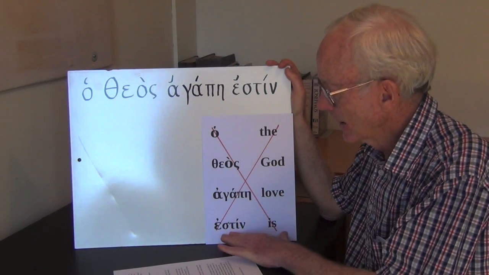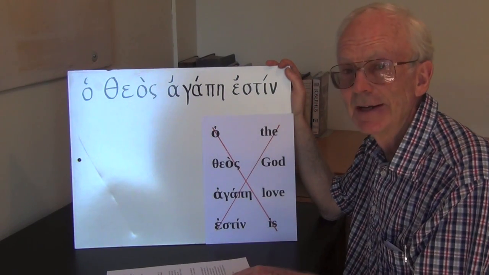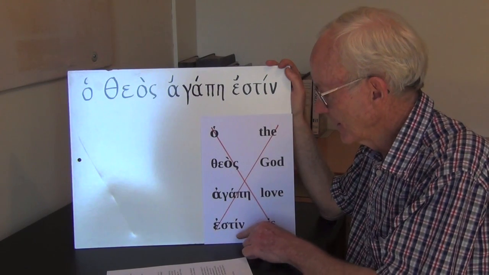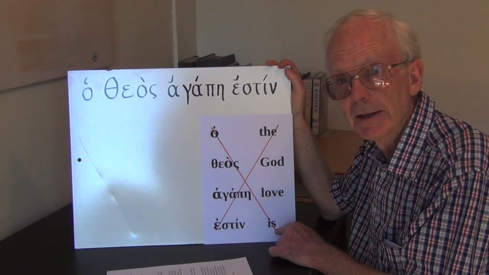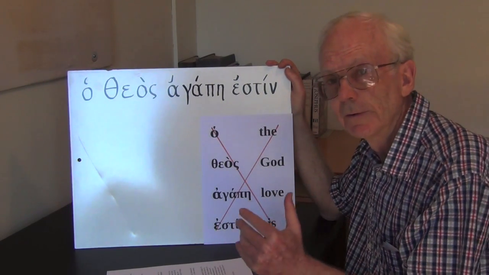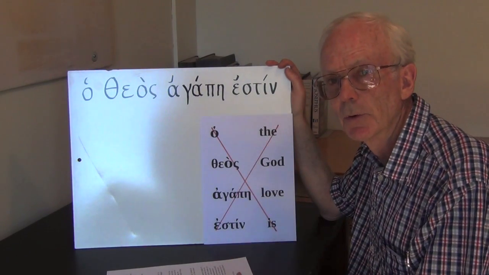And then another point is some courses, like the one that I did many years ago when I first learned Greek, as soon as they give you estin, they give you all the other parts of it. The way to say is, am, are, was, were, and you have to learn a table of all those different forms.